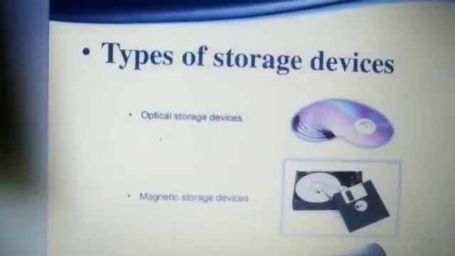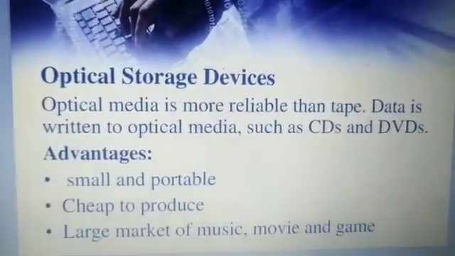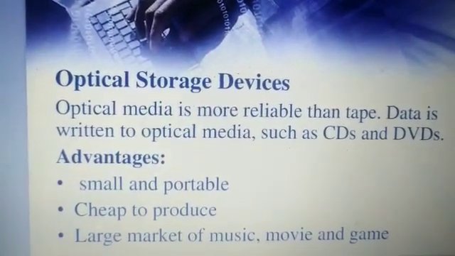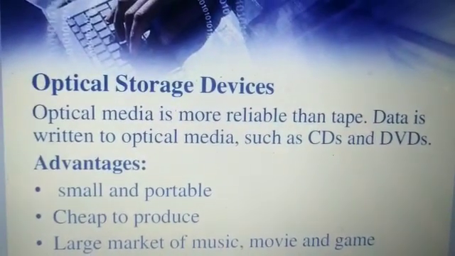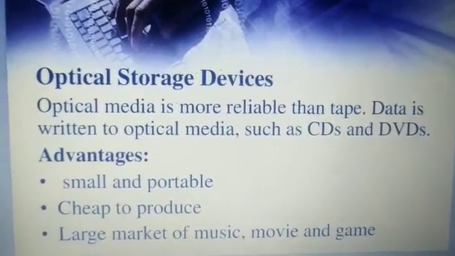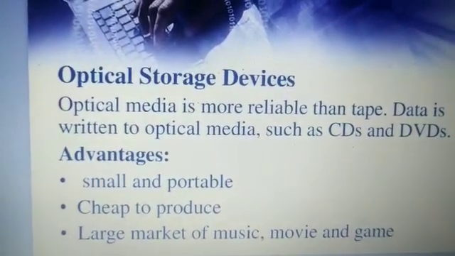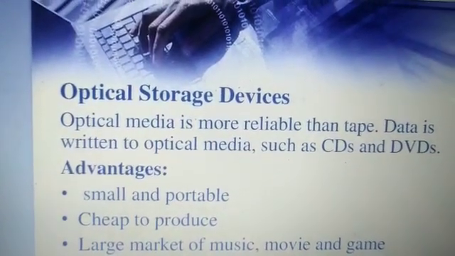Optical media storage is actually more reliable than magnetic tape. Data is written to optical media such as CD and DVD. First we will explain the CD. A CD is a direct access optical storage media.